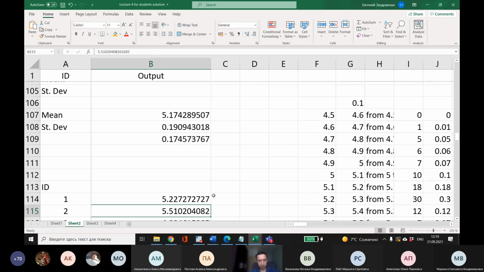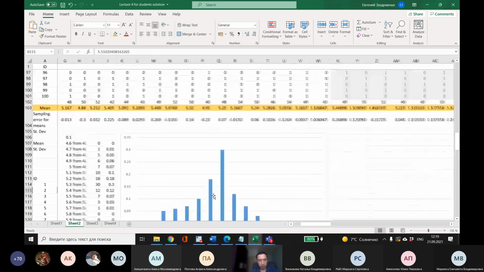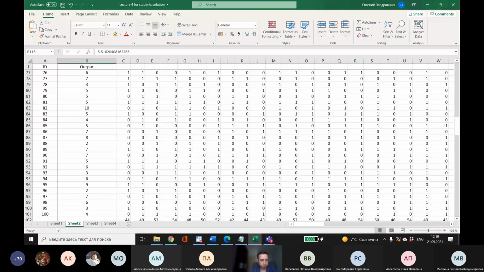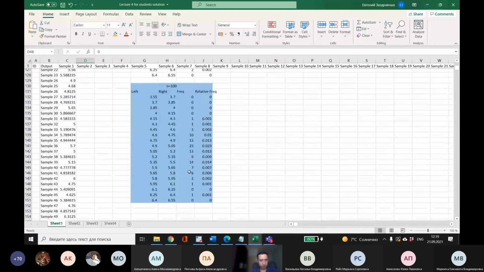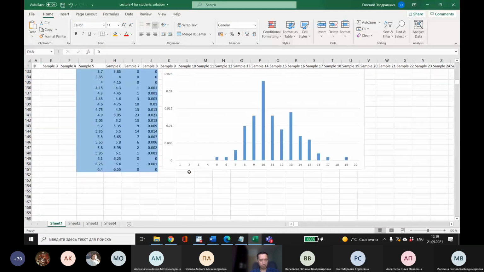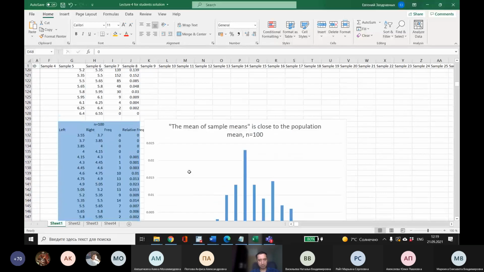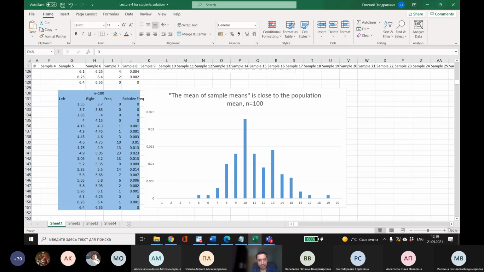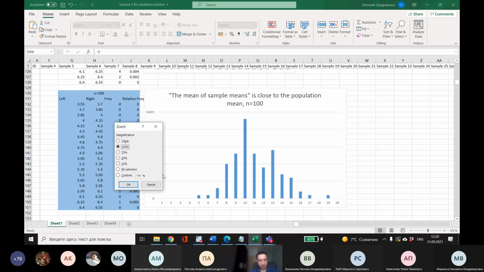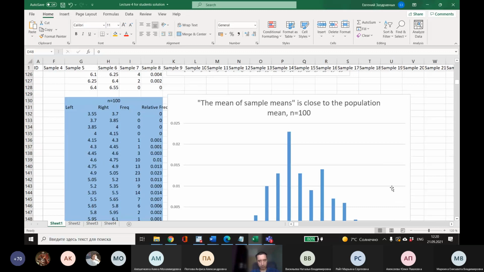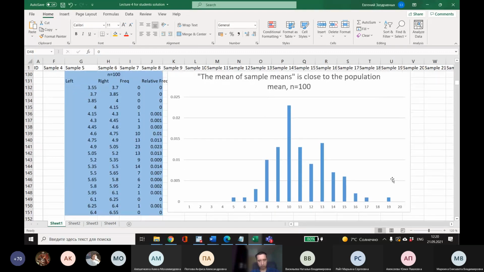Now, let me show you my exercise. I did it a year ago. Look, this is a similar example where I have 100 surveys. The distribution is similar, it's bell-shaped, but it doesn't look good.